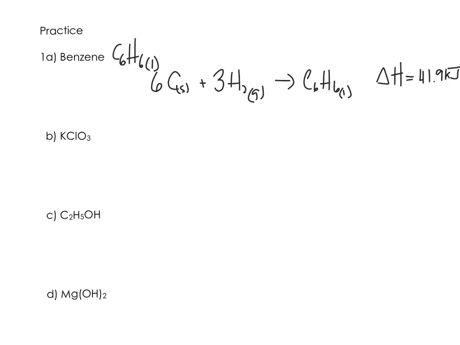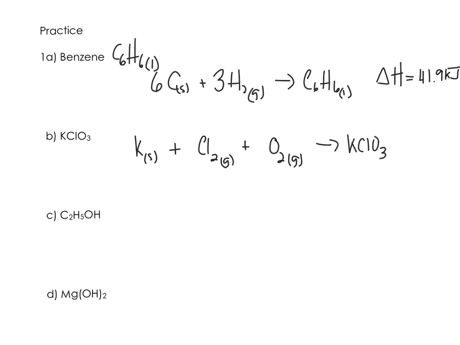All right, potassium chlorate. This is made up of potassium, chlorine, another diatomic element, and oxygen gas, diatomic element, and we make KClO3. So now we need to balance this.